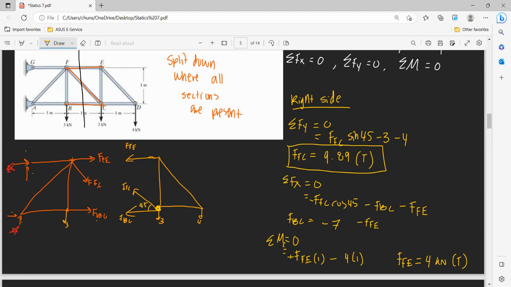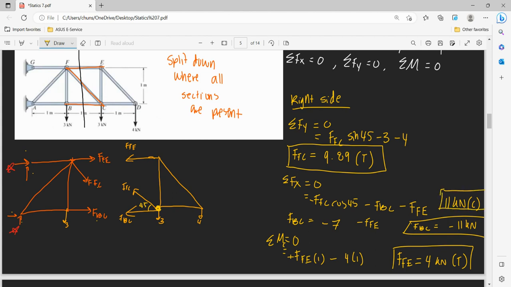And then we can use that to find F_BC. So going back to our second equation, F_BC is equal to negative 7 minus 4, and that is negative 11 kilonewtons. Because of the negative sign, it means it's in the other direction, so this would be in compression.